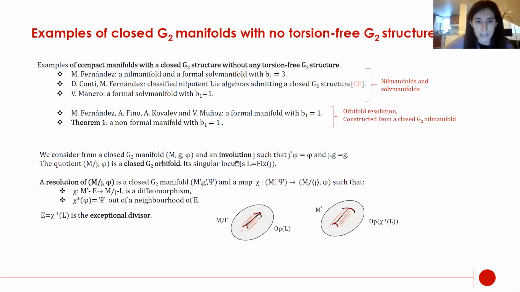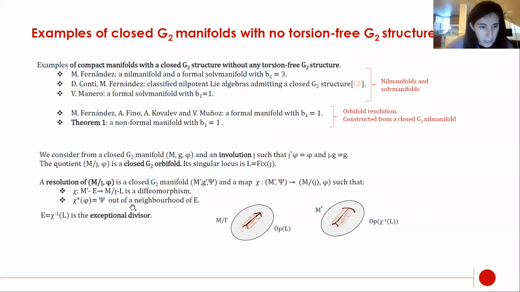And as I said, when we have a closed G2 orbifold, we want to obtain examples by doing the resolution. A resolution is a closed G2 manifold such that the projection map is a diffeomorphism outside of the singularities of the orbifold, and it preserves the G2 structure outside of a neighborhood of the singular locus.